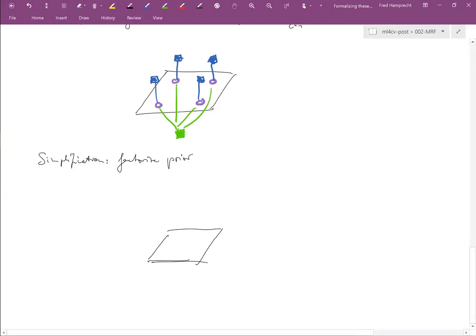But something that we've been discussing is to just introduce interactions between the neighbors. So I would have one interaction between these two neighbors, one interaction between those two neighbors, and so on.